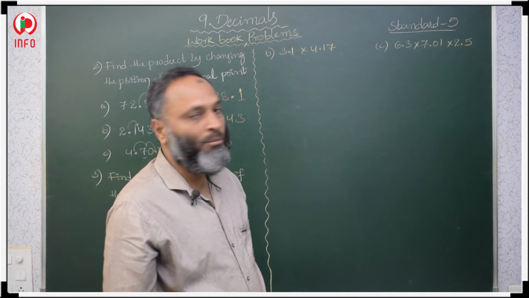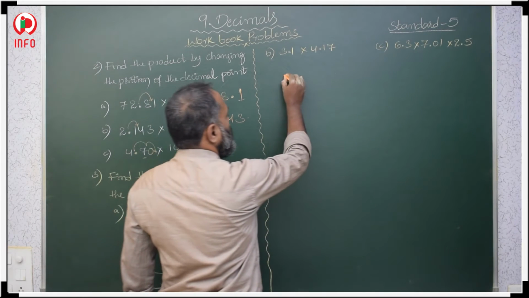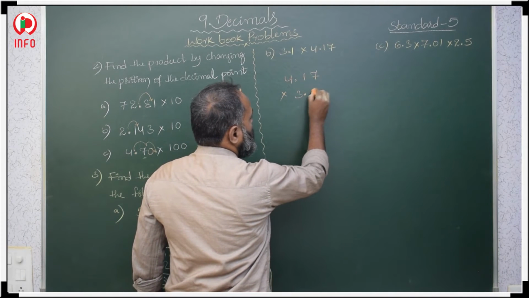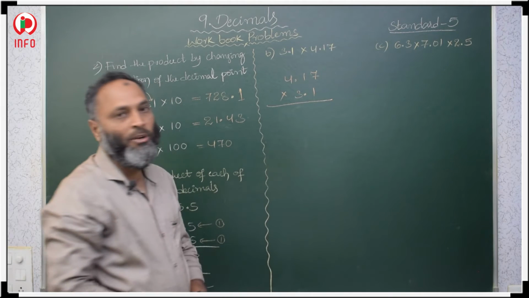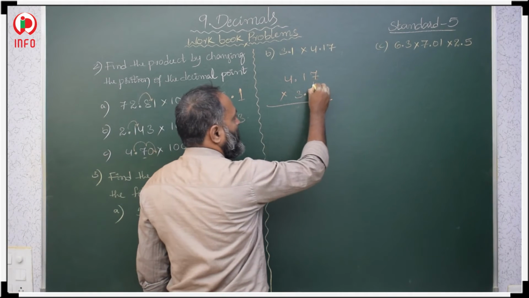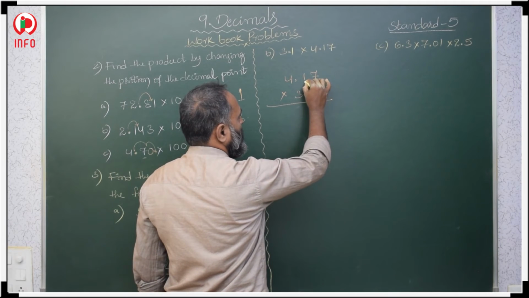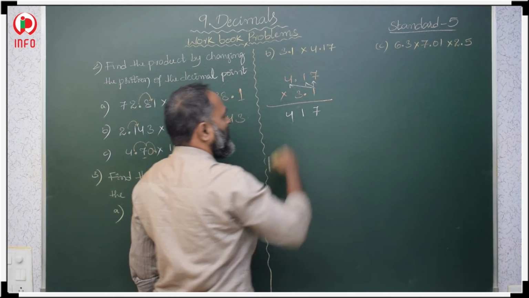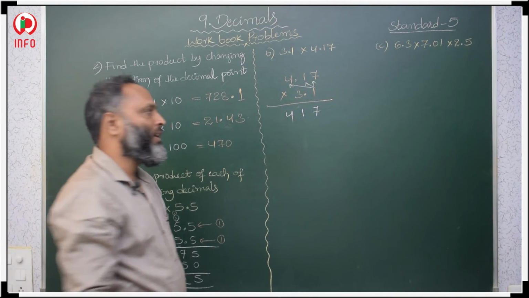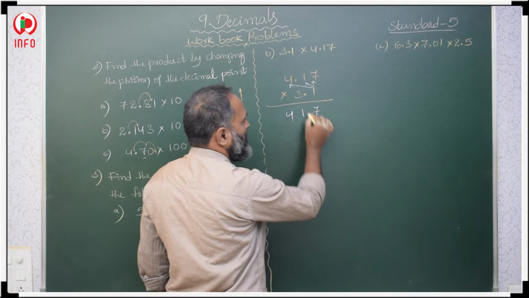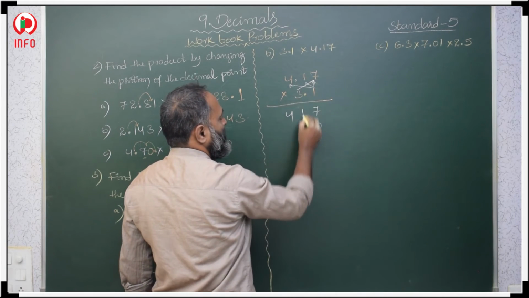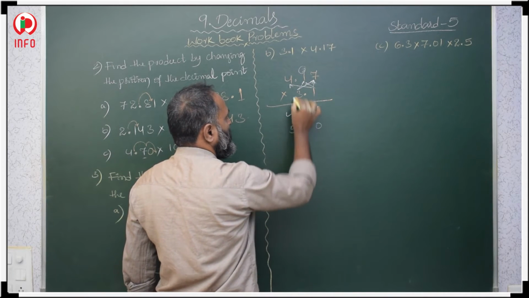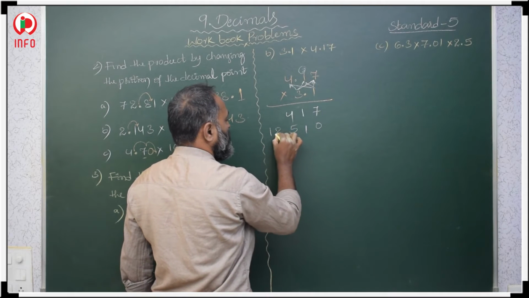Now, a decimal number multiplied with a decimal number, that is 4.17 multiplied with 3.1. First you write 4.17 multiplied with 3.1. First 1 with 7: 1 7 is 7, 1 1 is 1, 1 4 is 4. So 1 with everything is over. Now, 3. For the next digit we should keep a 0, then multiply. 3 7s are 21, 2; 3 1s are 3, 4, 5; 3 4s are 12.